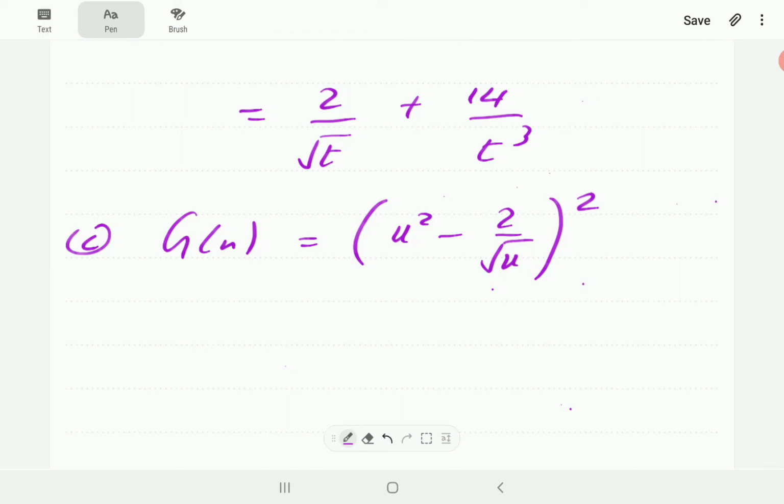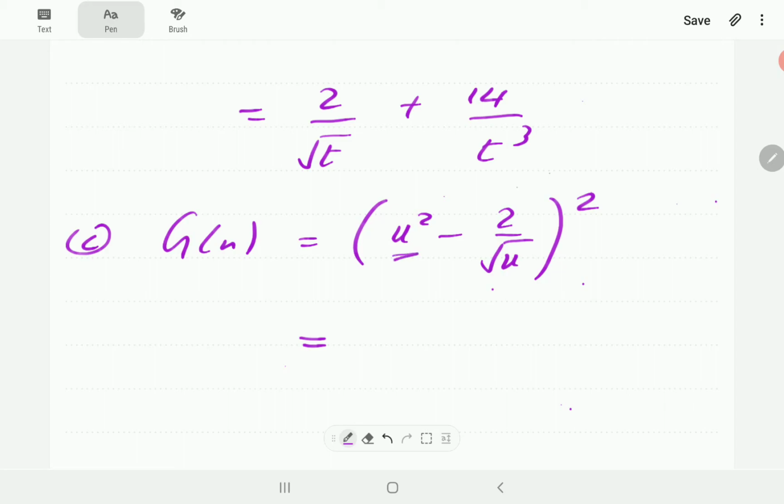So that means when we get a function that can be simplified algebraically before we do the differentiation, then we've got to expand or simplify that function first. So always we simplify algebraically first before we apply the rules of calculus. So in this case, we're going to have to expand this.